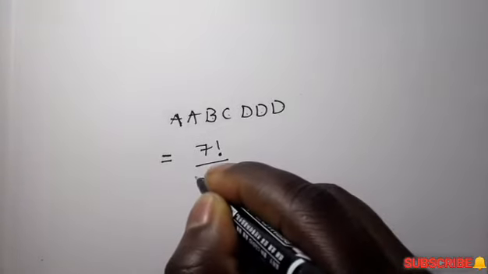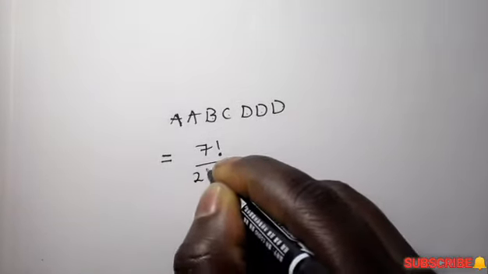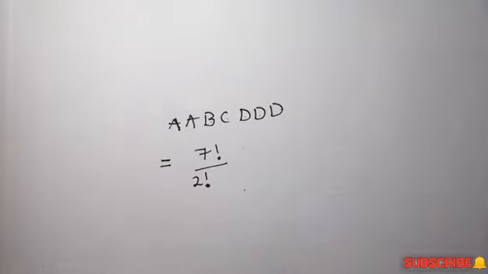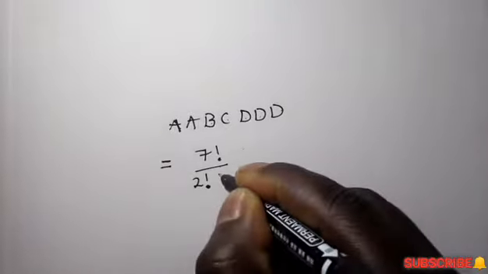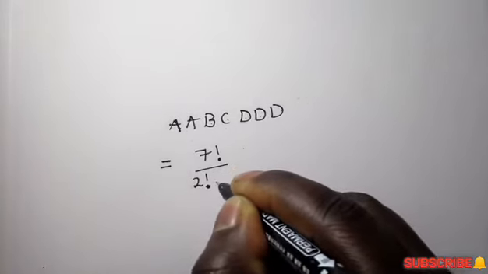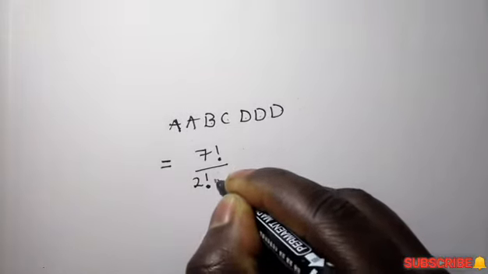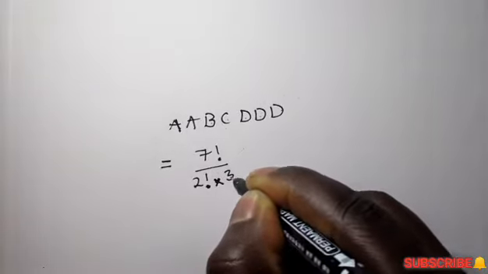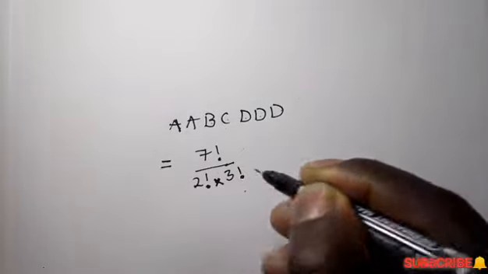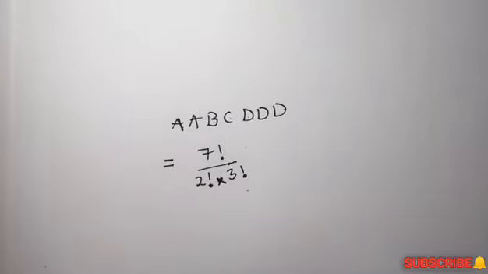So it means that I'm going to divide by 2 factorial, where 2 factorial is denoting that A has been written twice. Another letter that has been repeated is D. D is written thrice. So it means that 2 factorial is going to be multiplied by 3 factorial, where 3 factorial is going to support the fact that D has been written thrice.